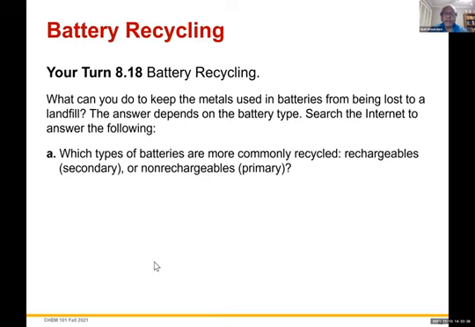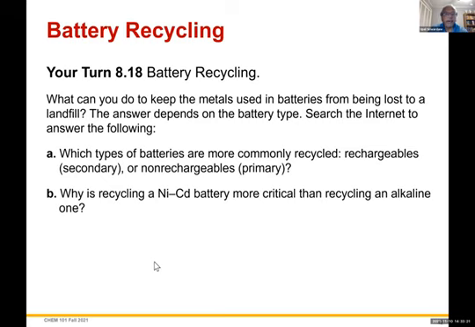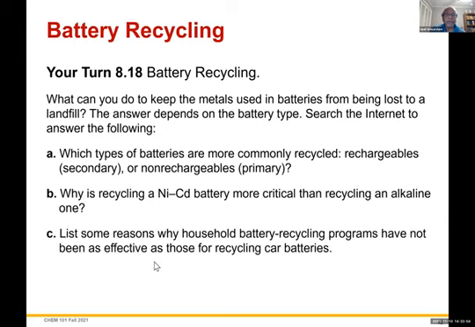Why can recycling nickel cadmium be more critical than recycling alkaline? Alkaline batteries contain materials which are not difficult to find, but nickel cadmium is a limited resource, so we have to start thinking about recycling as we use more nickel cadmium batteries.